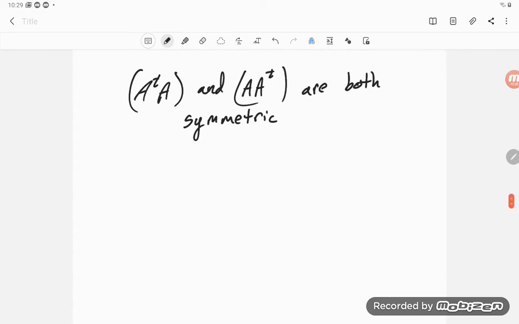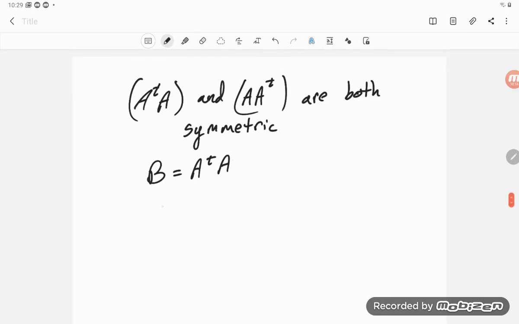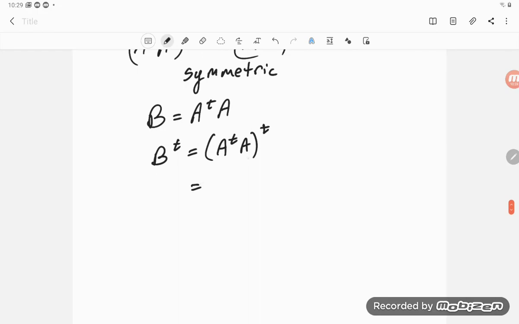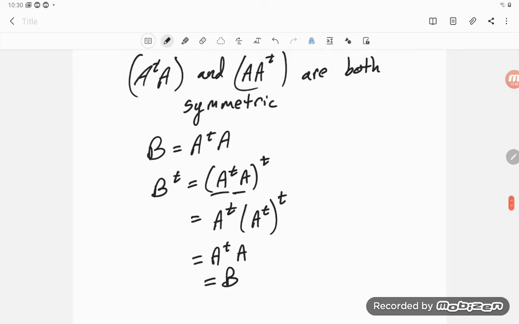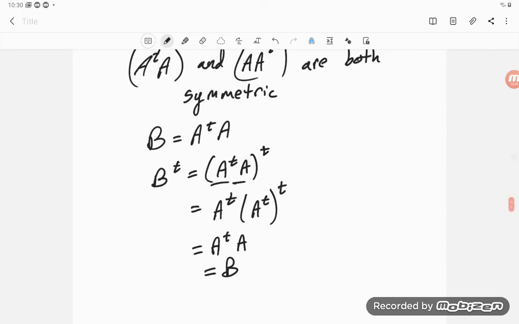We can just see it with A transpose A. If I let B equal A transpose A, then B transpose is equal to A transpose times A transpose transpose, but that's A transpose A. I reversed the order of those two and took their transposes, but that's A transpose A, and that's B. So if I multiply A transpose times A, I get a symmetric matrix.